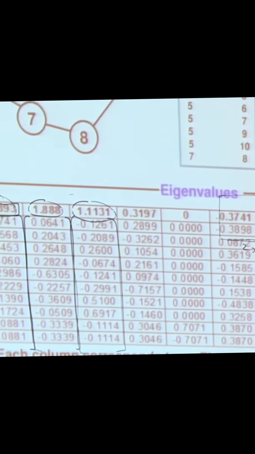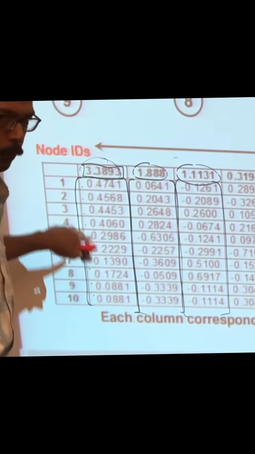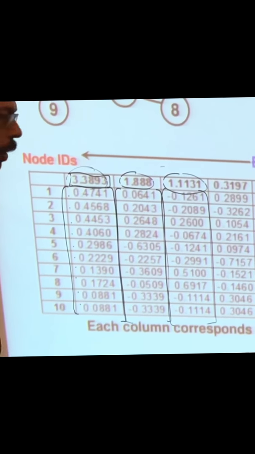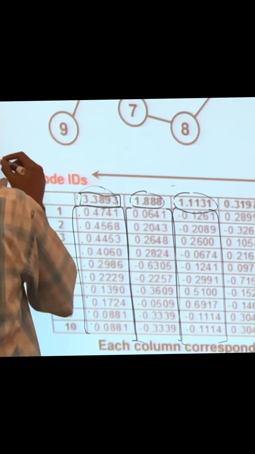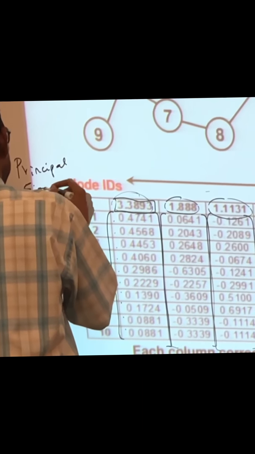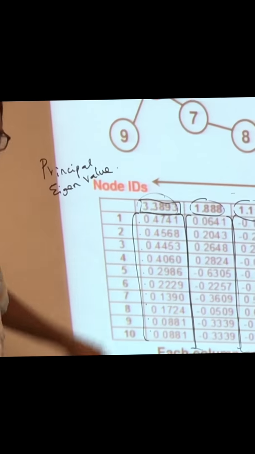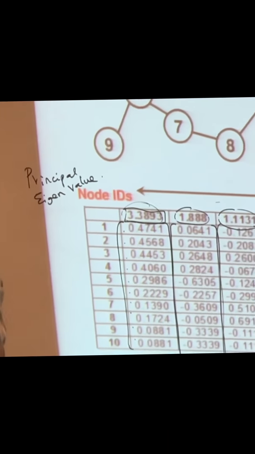Which eigenvector? The eigenvector corresponding to the largest eigenvalue. Is that clear? So there is a name for these two. The largest eigenvalue is called the principal eigenvalue, and the corresponding eigenvector is called the principal eigenvector.